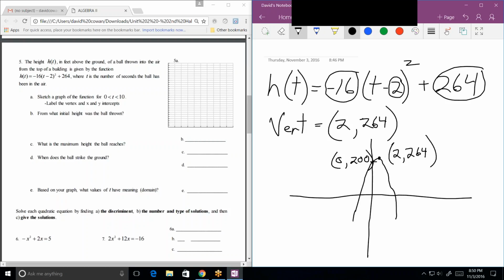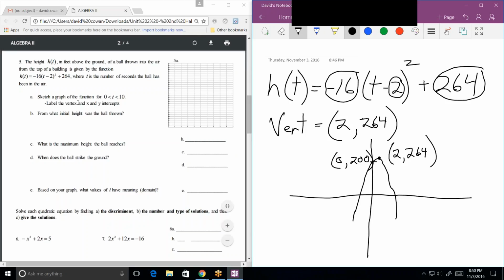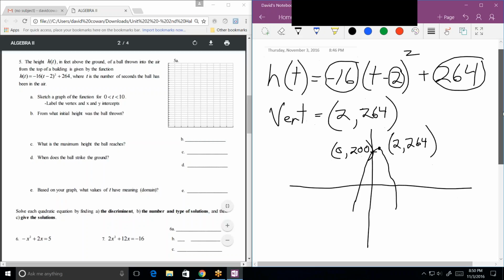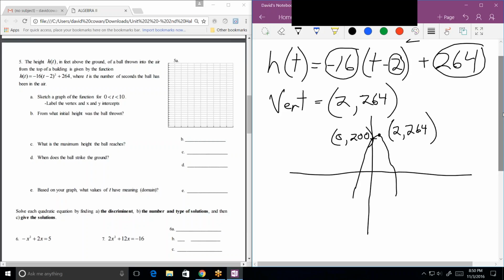Now, figuring the x-intercepts, which we need and they ask for, label the x and y-intercepts. How do I get the x-intercepts? Wouldn't you just put y equals 0 or t equals 0? There's no y in this. What is going to be equal to 0?